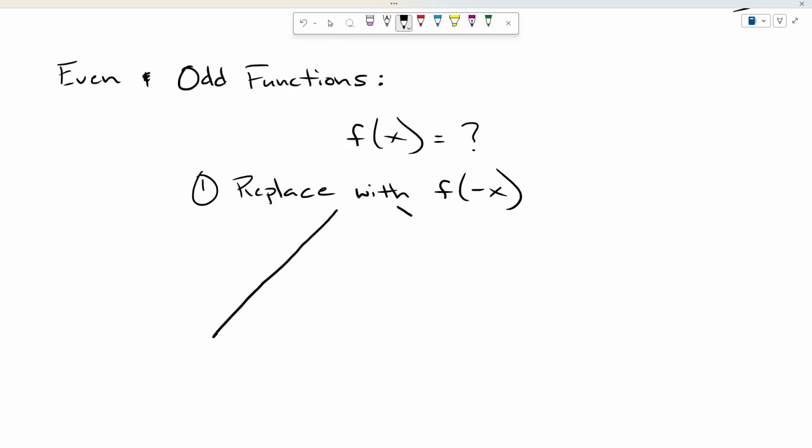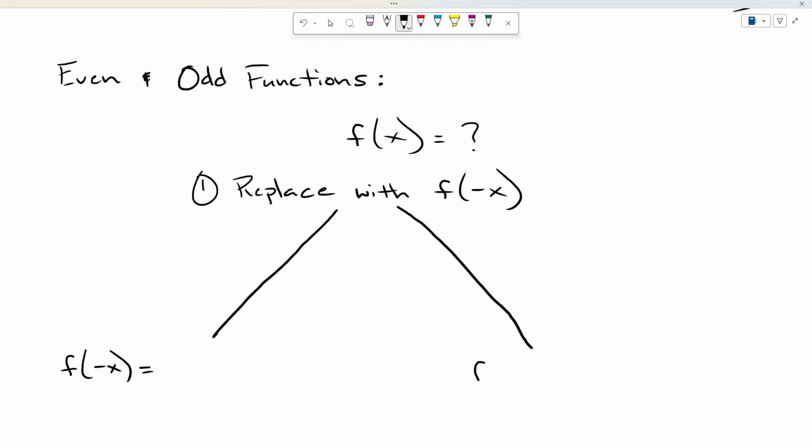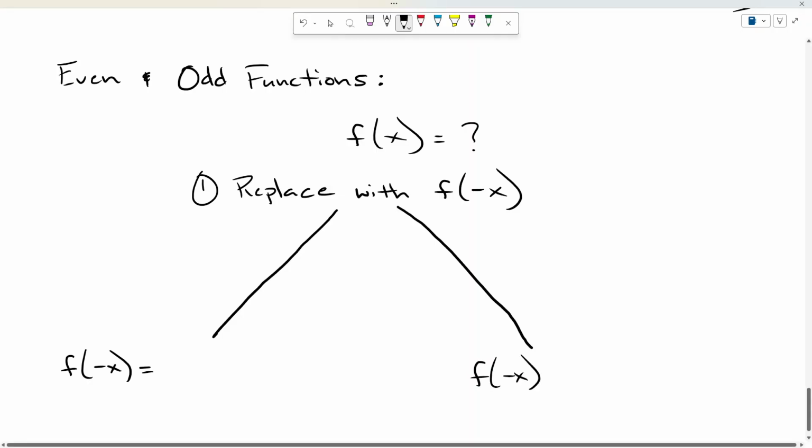And now, when we do that, we replace it with f of negative x, and then we solve and simplify it.